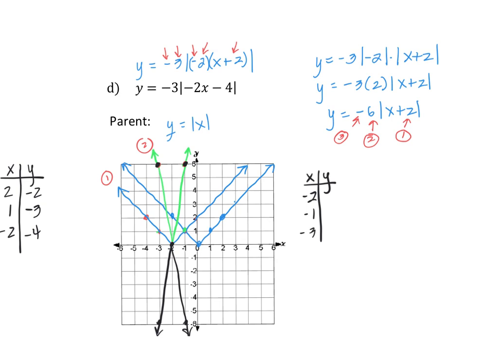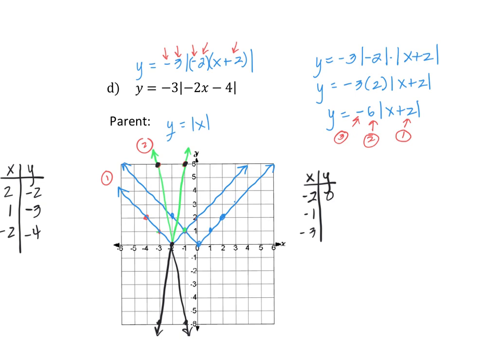So if x is equal to negative 2, negative 2 times negative 2 is a positive 4. So 4 minus 4 is 0. Absolute value of 0 is 0. I should get back a y value of 0, which I do in my graph. If I put in negative 1 for x, I get negative 1 times negative 2 is a positive 2. 2 minus 4 is negative 2.